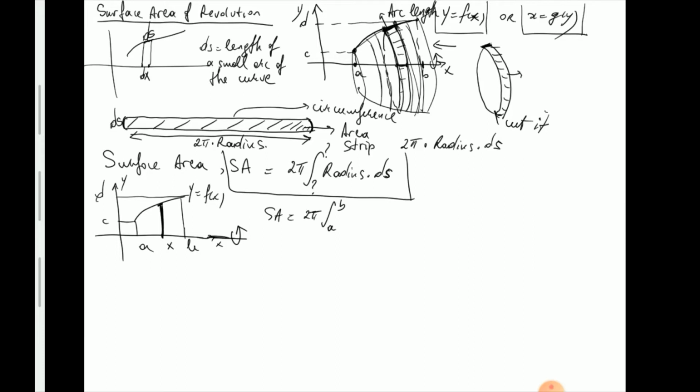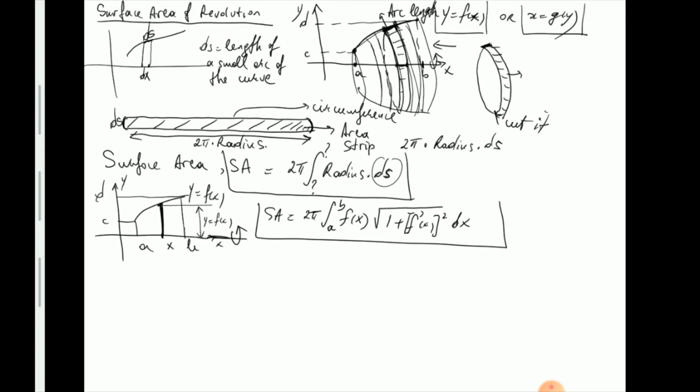The radius will be f of x. So keep in mind the radius will be the y coordinate of the point on the graph. But if you want to integrate with respect to x, that y coordinate is f of x. ds, the length of the curve, using the same variable, remember from the previous section, it's the square root of 1 plus f prime of x squared. And there it is, that's the formula for the surface area.